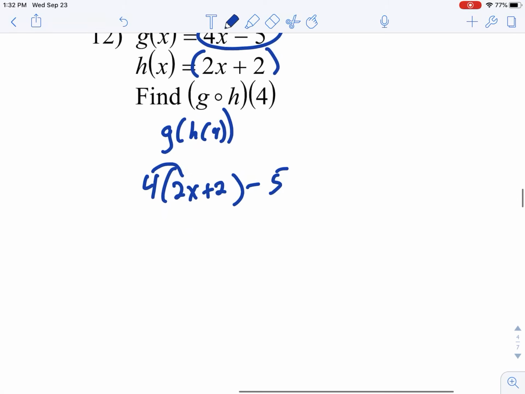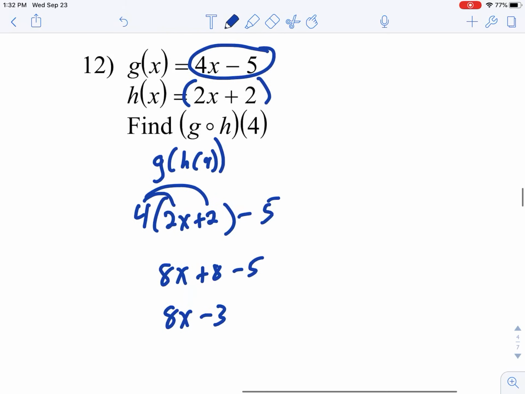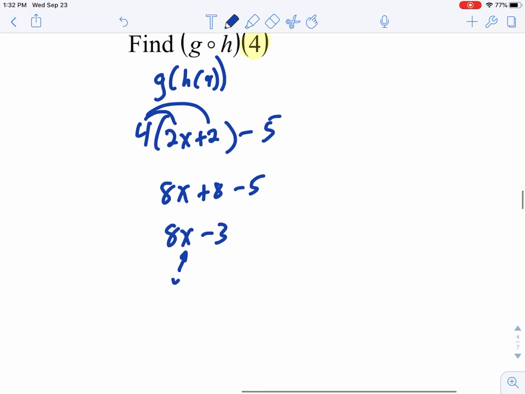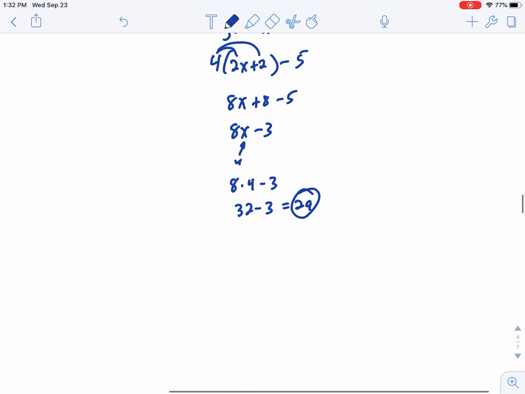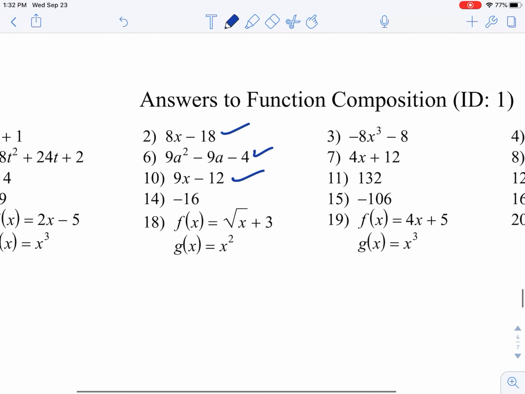If I work this out, I get 8x plus 8 minus 5, which is 8x minus 3. Now what I'm supposed to do is take that answer and plug in a 4 right here. So it becomes 8 times 4 minus 3. 32 minus 3 is 29. So the answer number 12 should be 29. And I'm calling that the hard way.